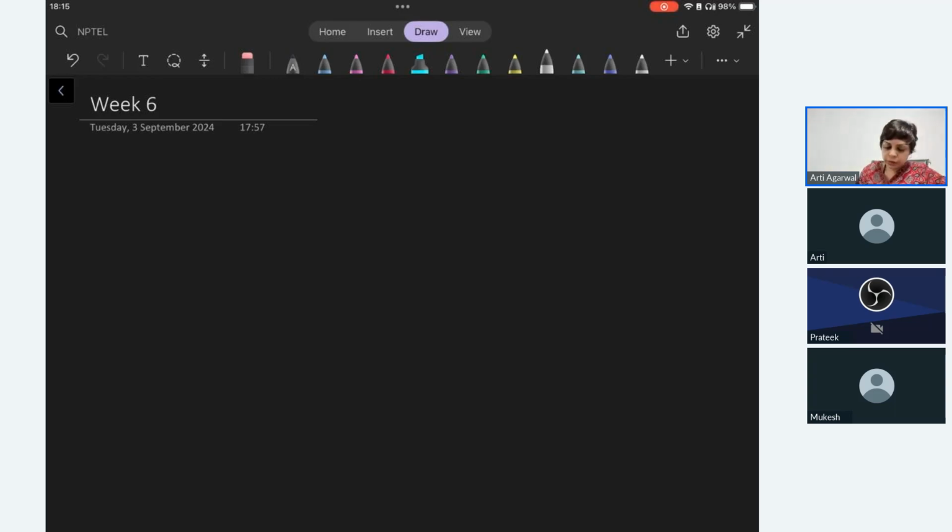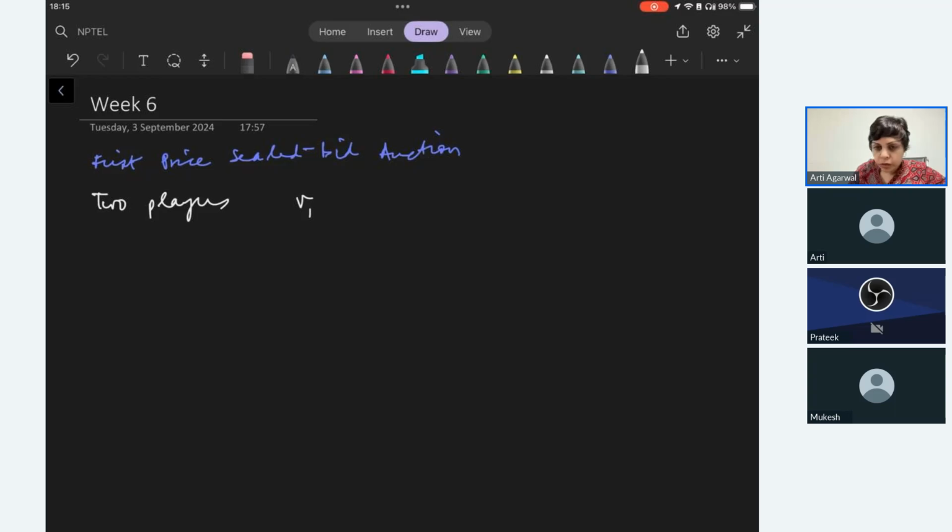So let's write that down. Okay, so there are two players and we have V1, V2 as the valuations, distributed uniformly over this interval, U.